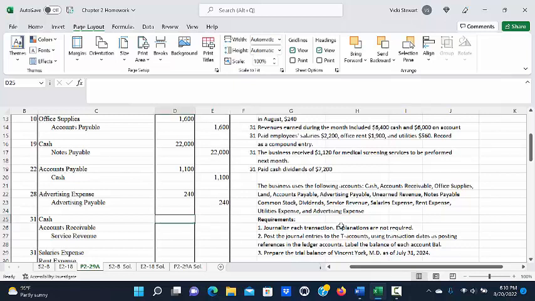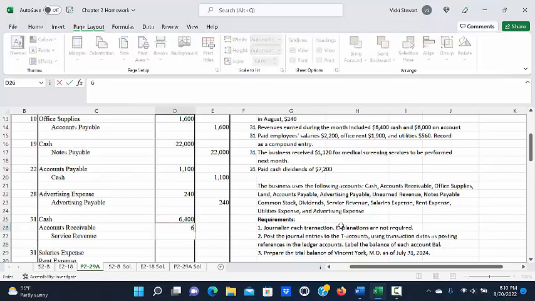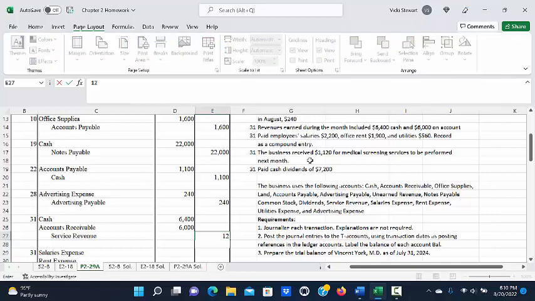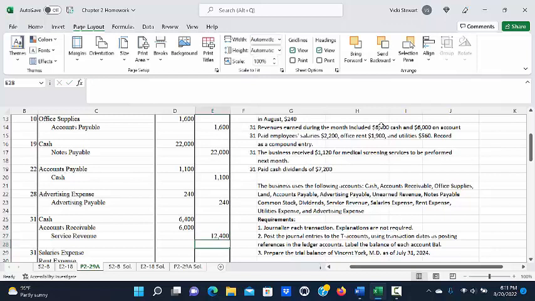So we know that we would debit our cash for the $6,400 and we would debit accounts receivable for the $6,000. Then we would add those two amounts together, and that would be a total to service revenue for $12,400. Okay, so just add those amounts together if they don't give you the total.